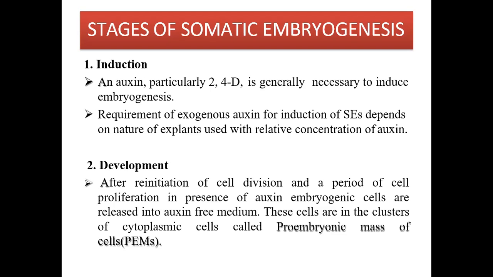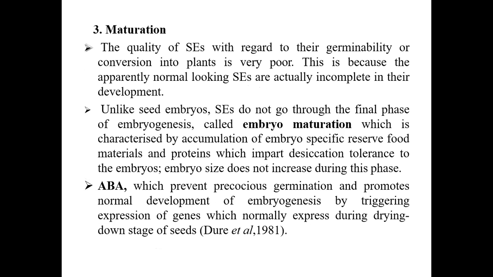Second is phase one, where the competent cells have the ability to develop somatic embryos when auxin is removed from the medium. Then phase two, a rapid cell division occurs in the cell cluster, leading to the formation of the pro-embryonic mass or globular cells.